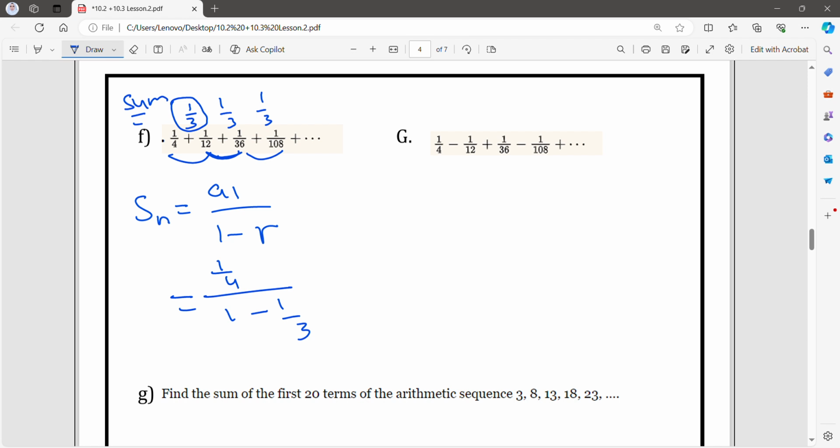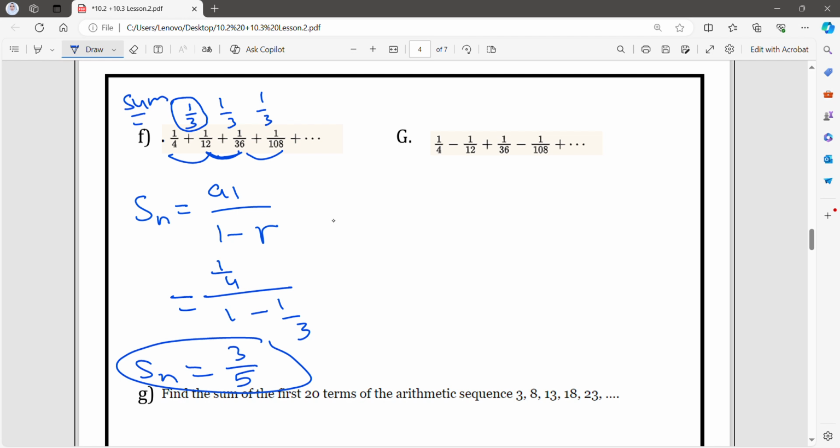So in the calculator, give 1 over 4 divided by (1 minus 1 over 3), and the answer is 3 over 5. So this is the sum of this geometric sequence. Because it's infinite and we don't know how many terms, we use this formula.